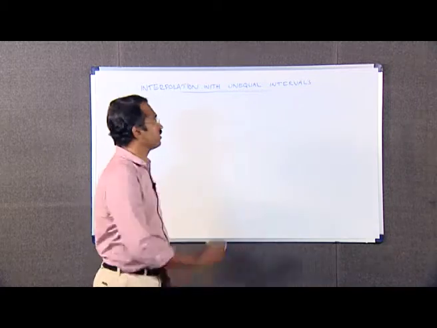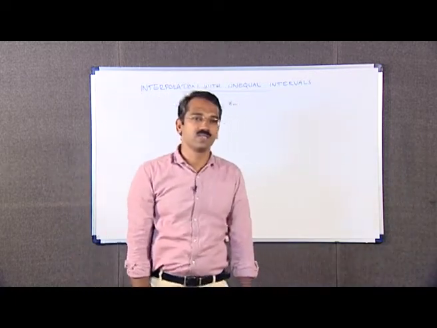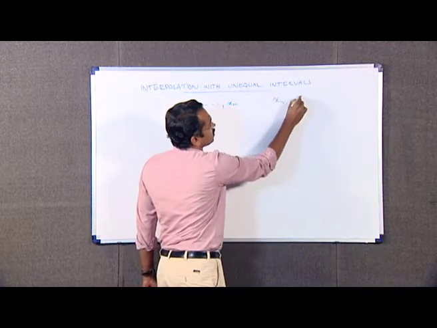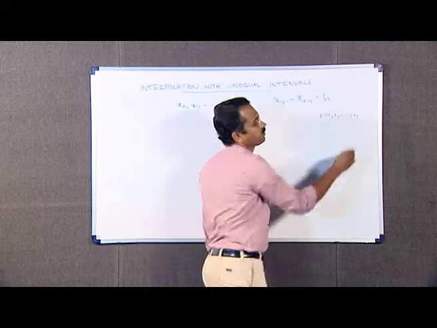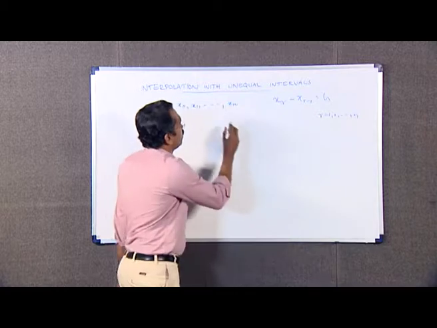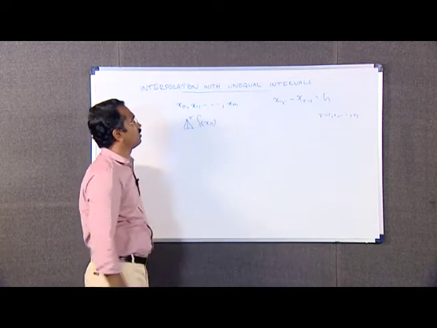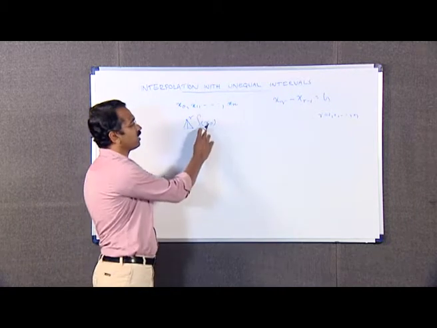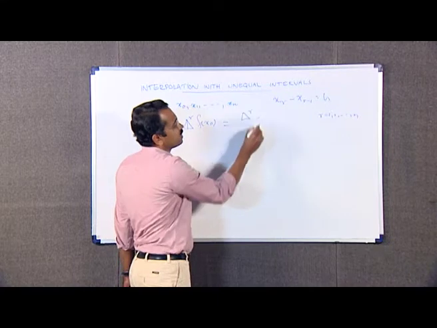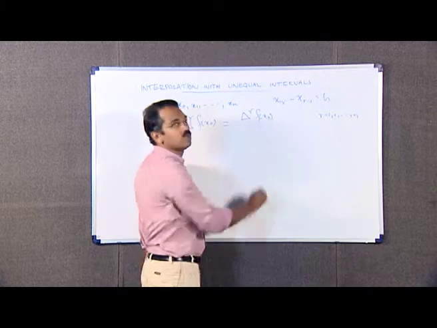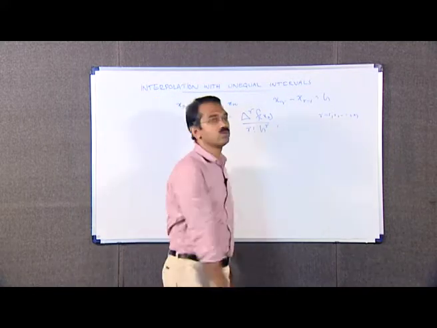If the arguments x0, x1, etc., xn are equally spaced such that xr minus xr minus 1 is equal to h for r equal to 1, 2, 3, etc., up to n, then the rth order divided difference between the arguments x0, x1, x2, etc., xr is equal to delta raised to r f of x0 divided by r factorial into h raised to r, where r varies from 1 to n.